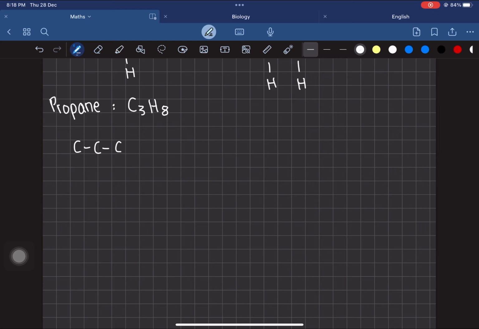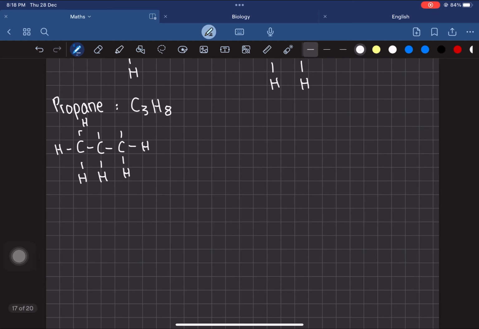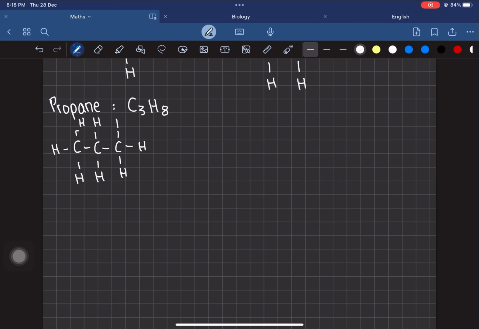Remember, single bonds because alkanes are saturated. And then just draw the hydrogens. If you draw the bonds correctly, the hydrogens will be automatically correct. Let's draw this bond a bit more clearly. So this is propane.